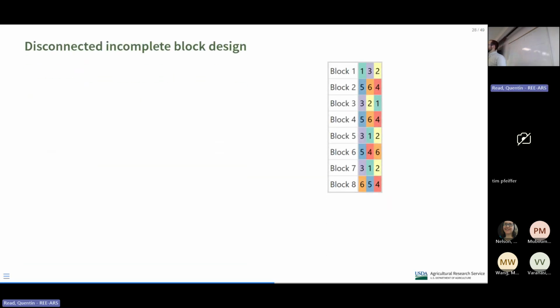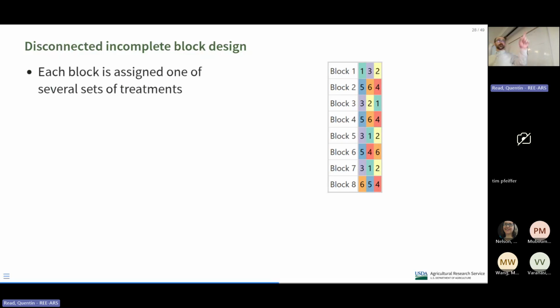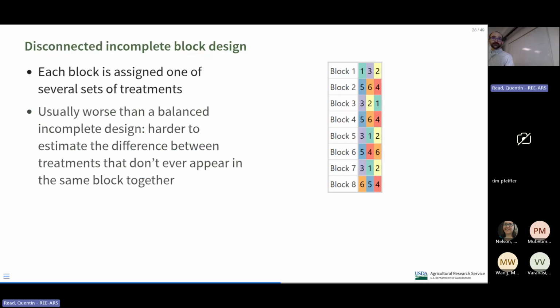There's also the disconnected incomplete block design, which sometimes may be necessary logistically, but it's inferior to a balanced incomplete block design. Here, each block gets a set of treatments. You can see that some of the blocks have treatments 1, 2, 3, and some have treatments 4, 5, 6, but treatment 1 and 4 are never together in a block, for example.